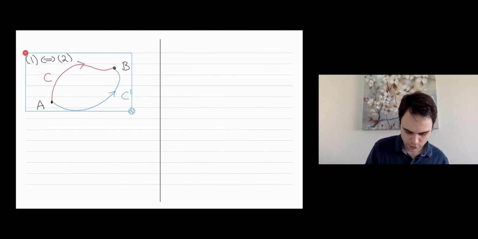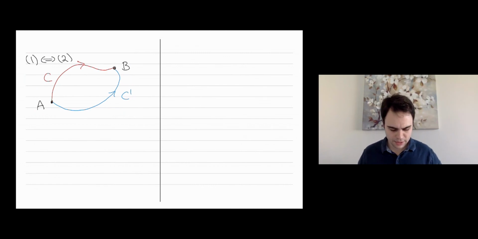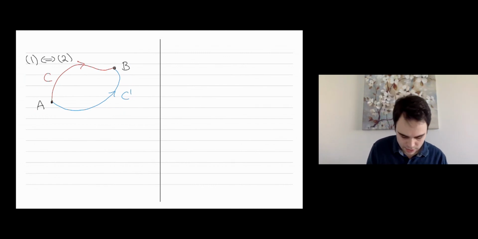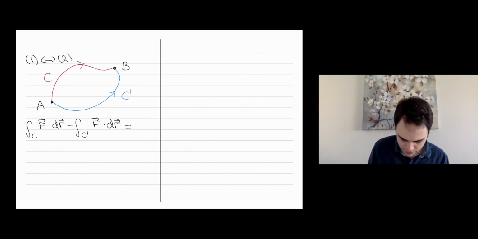So now let's consider the difference of integrals. Let's say we have any vector field F, and we look at the integral over C. And then how is that different from the integral over C prime of that same vector field?